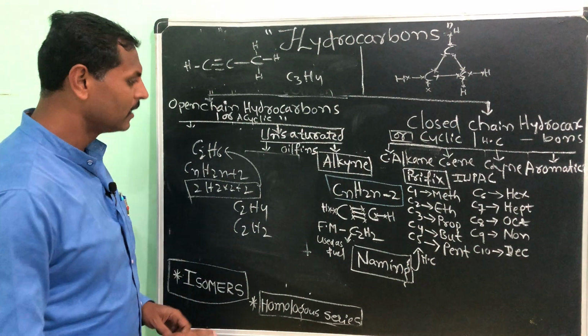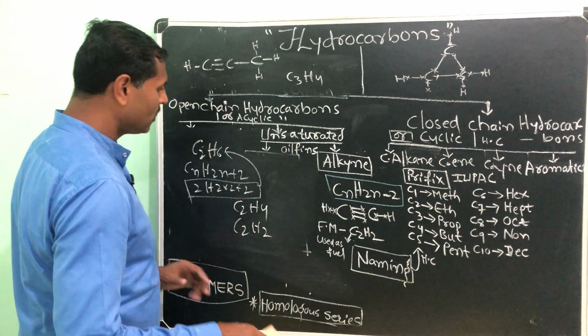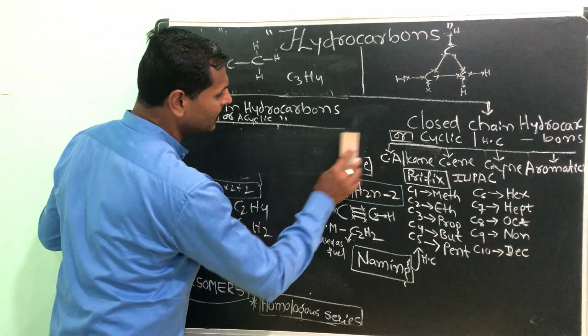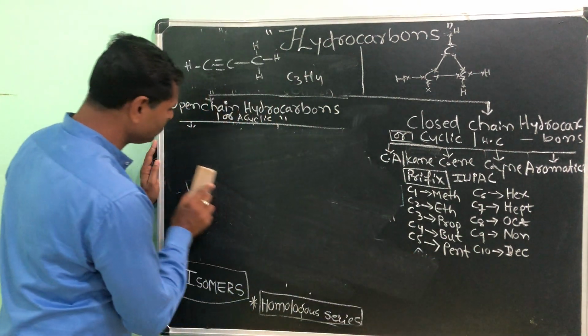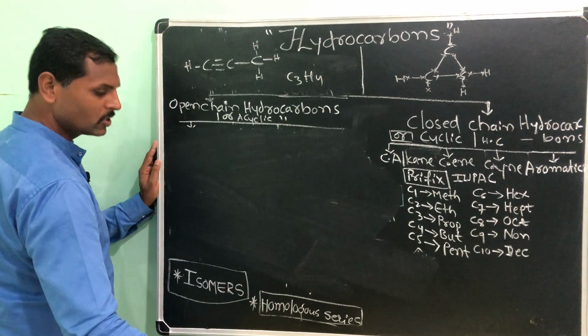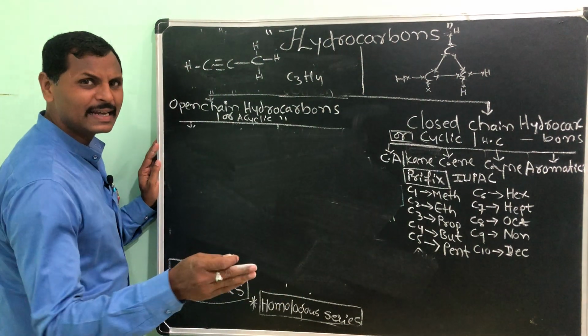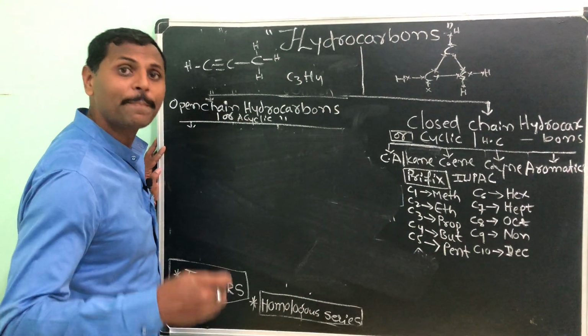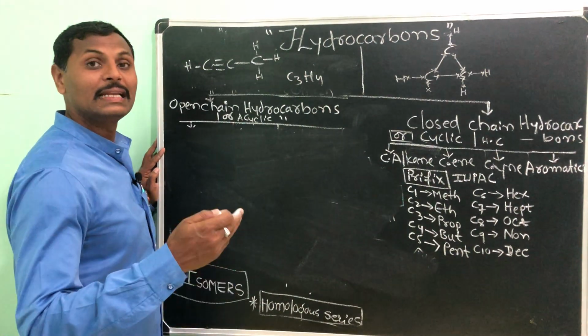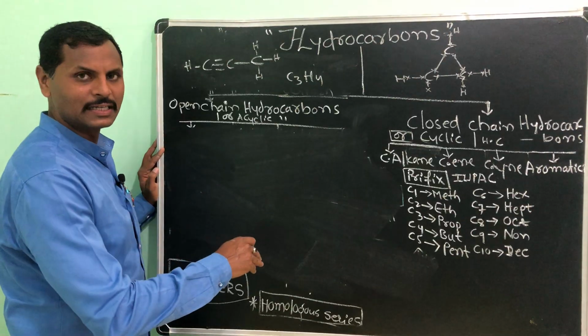Understood? Okay then. So uses I told you, and now I will come to a very important point: one more time we will discuss alkanes in little detail, so that you can make the structural formula for all the alkanes, alkenes and alkynes. We will see that now.